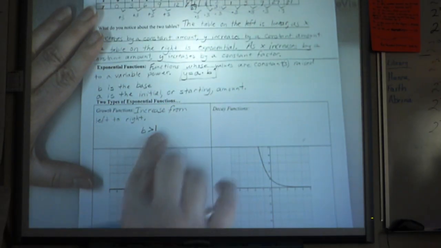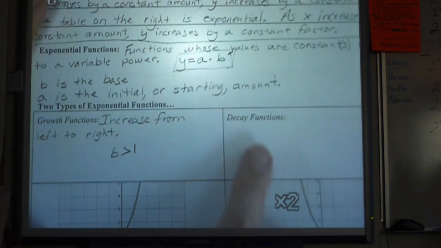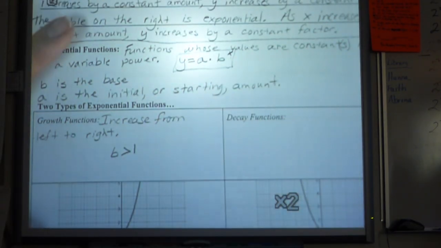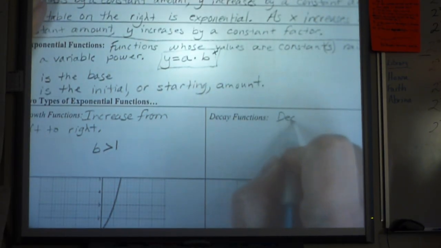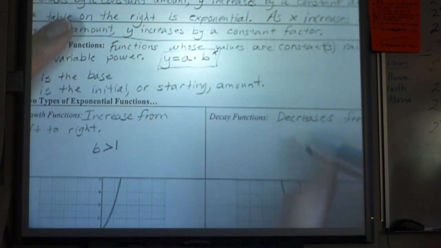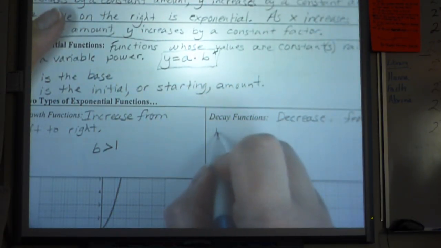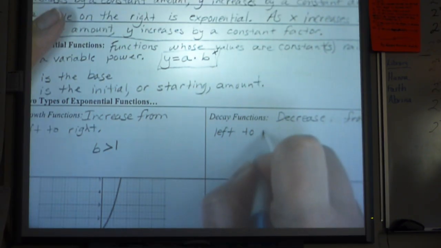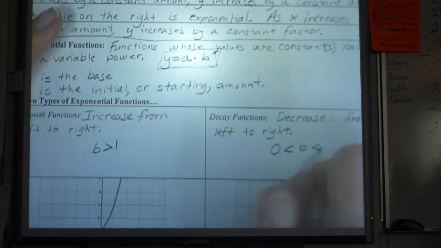Okay, when the base is greater than 1, the amount that's being raised to a power is going to end up with a larger y value each time. Exponential decay functions decrease from left to right. Okay, and here our base is between 0 and 1.